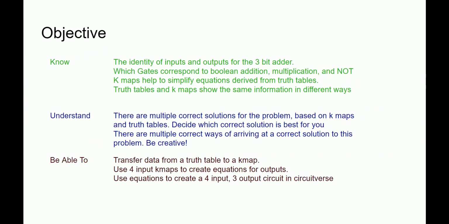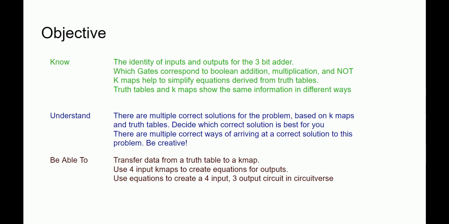So in conclusion, you should feel pretty confident working through this objective. You should be able to identify the inputs and outputs, which is just A, B, C, D, X, Y, and Z. You should be able to know which gates correspond to addition, multiplication, and not.